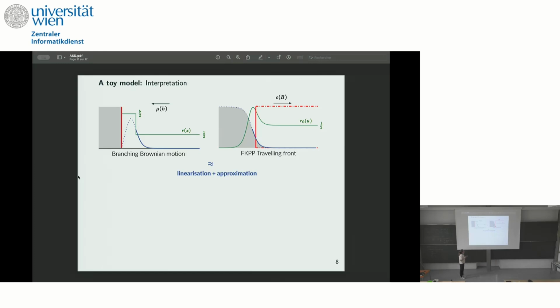And so the green line is a simplification on the left of what's happening on the right in the moving frame. As I said, the frame is following the tip of the front, so it should be moving at speed c, and it will correspond to the drift in the branching Brownian motion, not in a moving frame anymore.